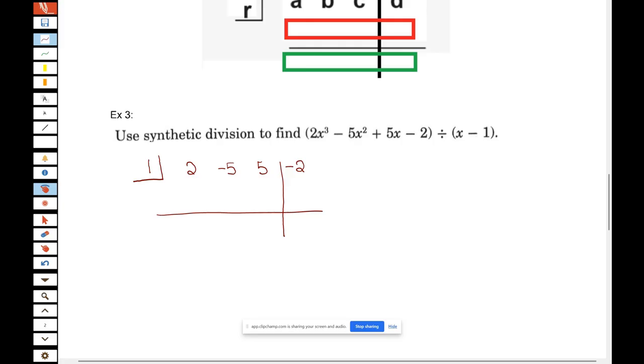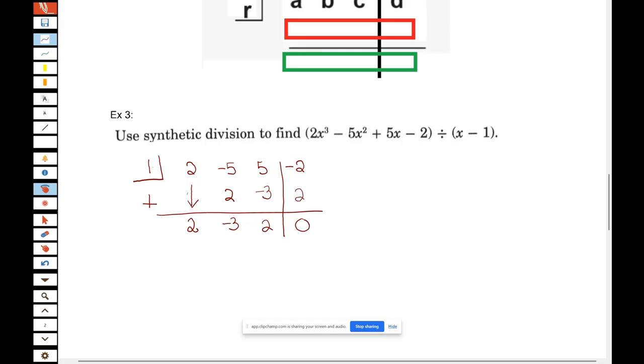All right, so I bring down the first term, and then I multiply. 2 times 1, you multiply what you get times the number in the box, and then you add. It's all adding, because it's like if there's a 0 here. -5 plus 2 is -3. Then I multiply -3 times the 1 and get -3. I add, I multiply, and I actually get a remainder of 0 on this one.